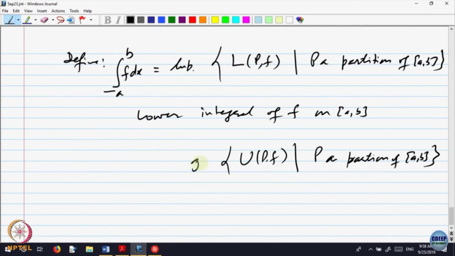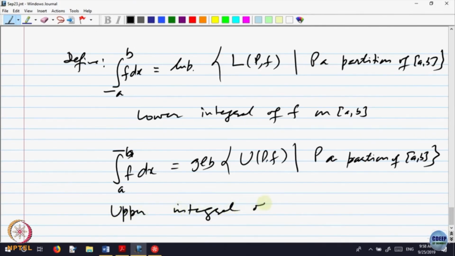So the greatest lower bound of this will exist, and that is called the upper integral of f on [a, b].